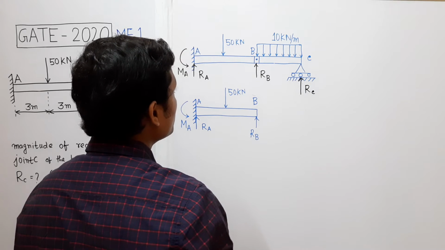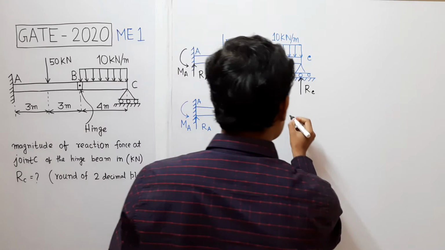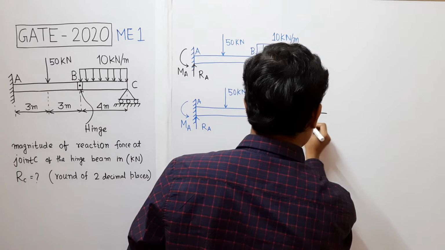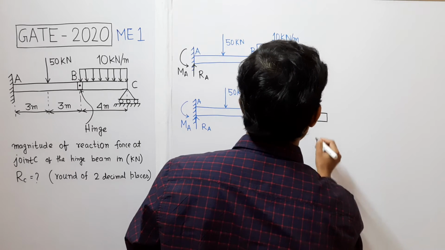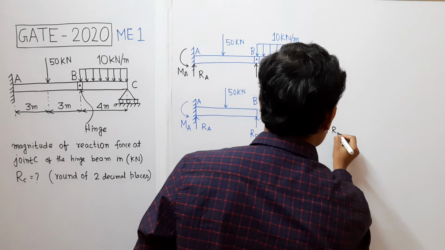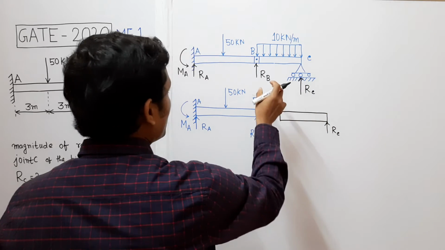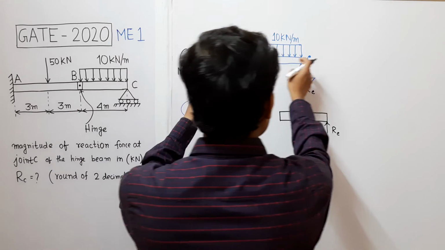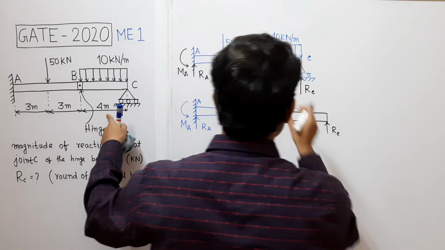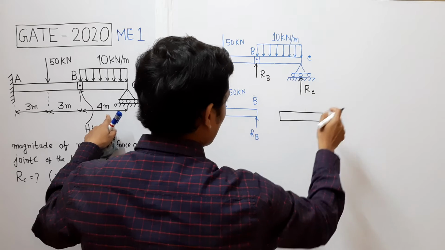If we draw for the beam BC, that is like that. So for BC, this is RC, and this length B to C is 4 meter, it is given here.